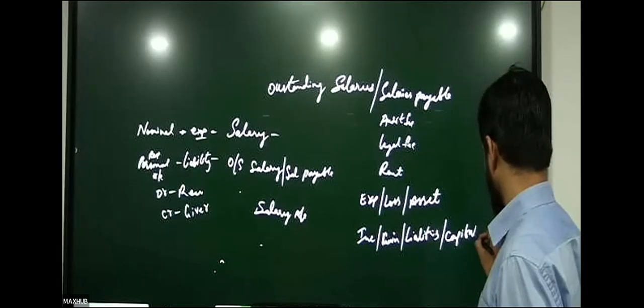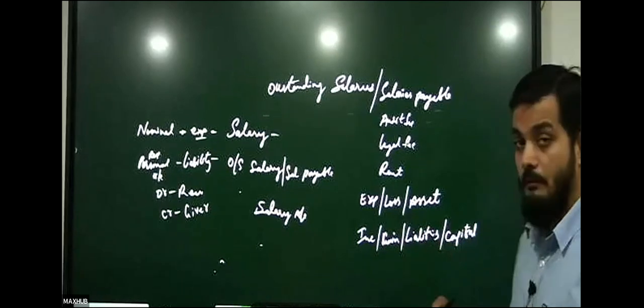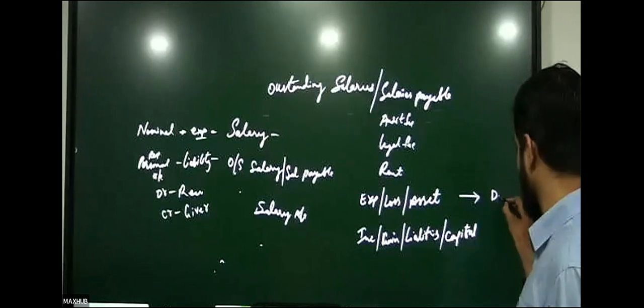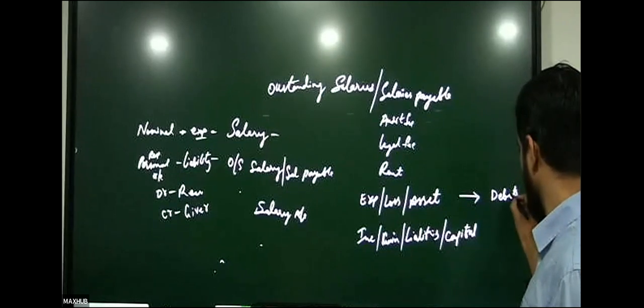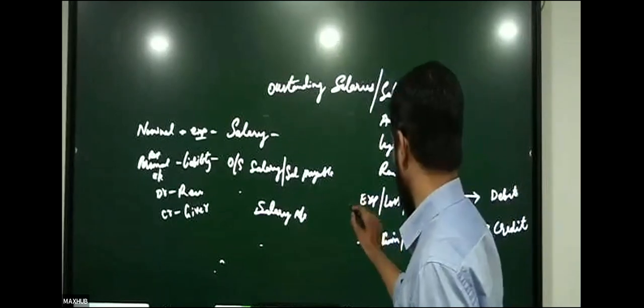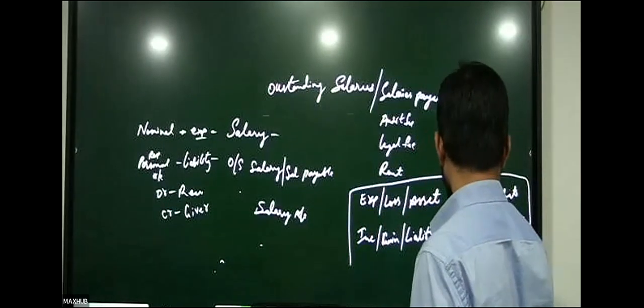These are two groups. By nature, the first group are all debit balances, and by nature the second group are all credit balances. Guys, you need to remember this table; if you do, it will help you in writing journal entries.